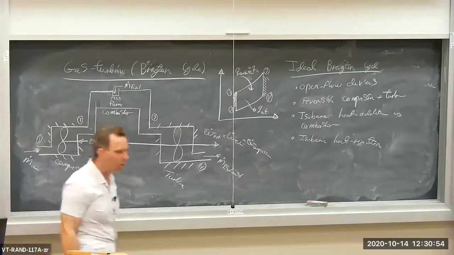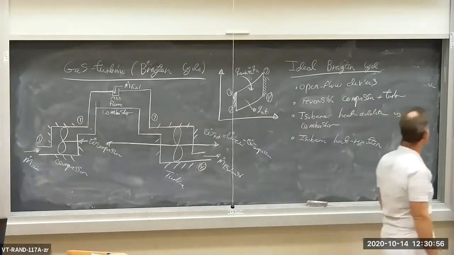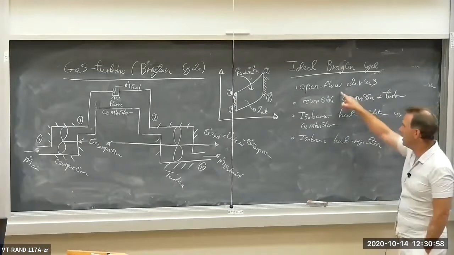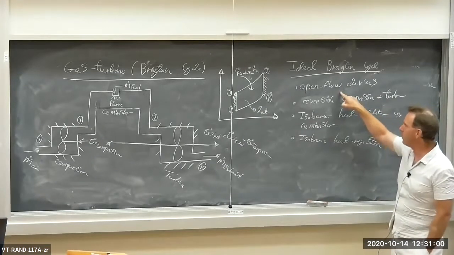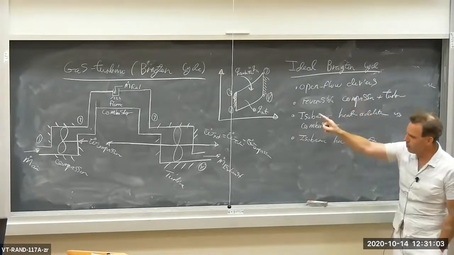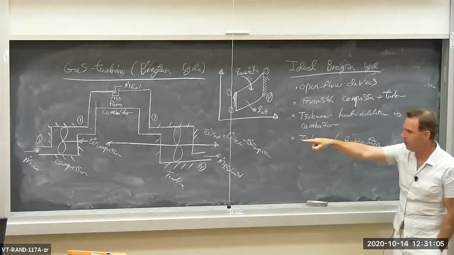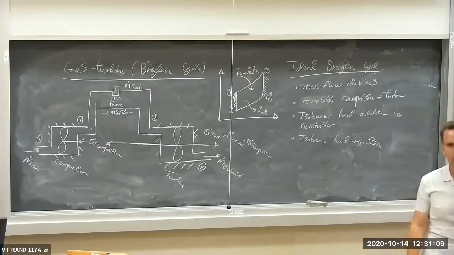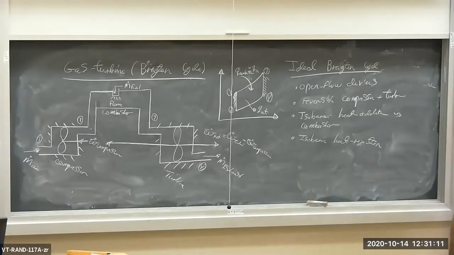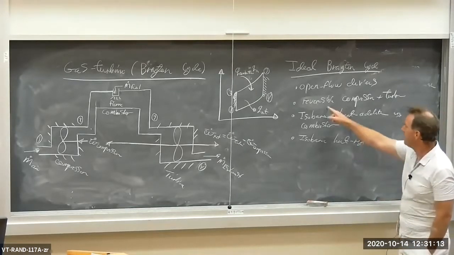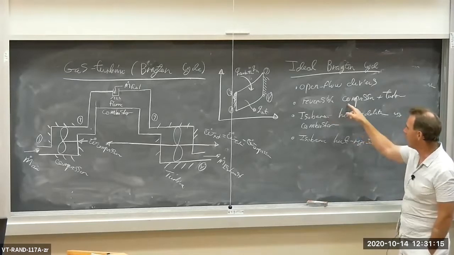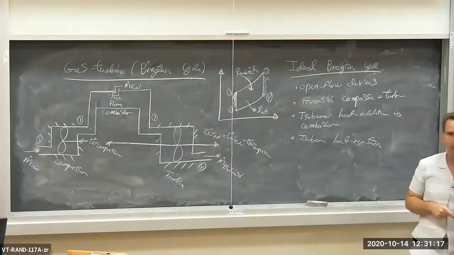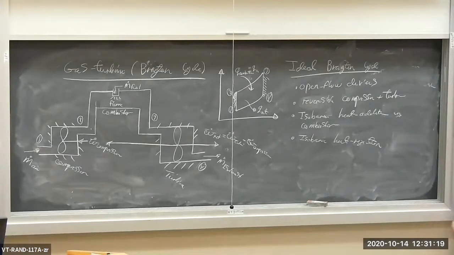So let's go over the characteristics of the ideal Brayton cycle one more time. It uses a combination of open flow devices, compressor, combustor, and turbine. The turbine drives the compressor, and the net work is W turbine minus W compressor, or W dot net. If this is an ideal Brayton cycle, the compressor and turbine operate reversibly as well as adiabatically.